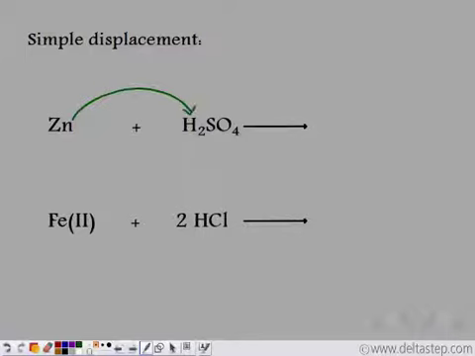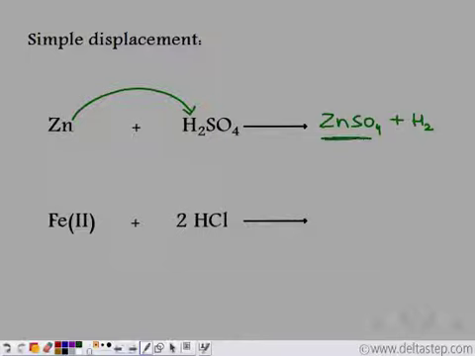So we get Zn. Zn takes the position of H2. So we get ZnSO4 and hydrogen gas is released. So in this case, by a simple displacement reaction, we can form a salt. So in this case, ZnSO4 is a salt.